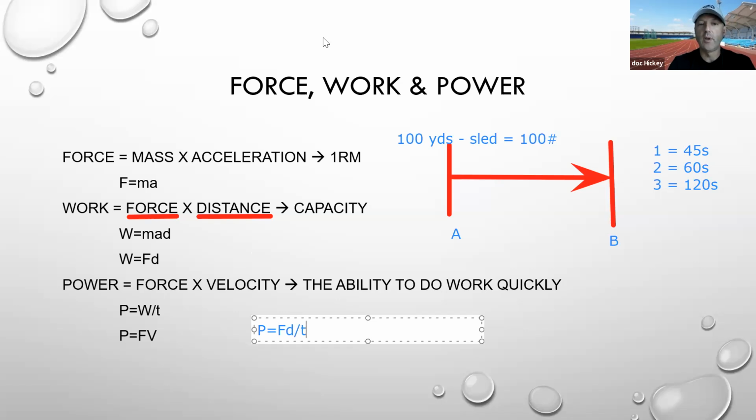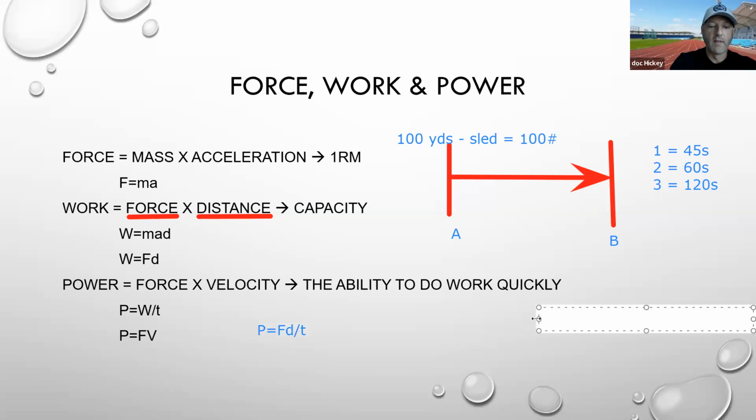And then if you remember from math all those years ago, velocity equals distance divided by time. So now we can take our force right here and our velocity from here, and then we end up with this identity of power is force times velocity.